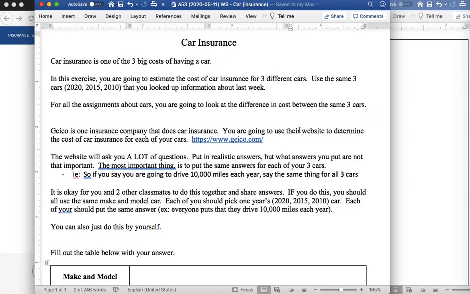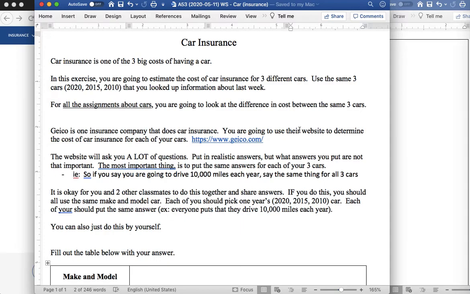So if you buy the lowest cost possible insurance and you get in an accident, your insurance will help pay for the other person's car and maybe the other person's medical bills, but will not cover your own medical bills, and will not cover your own car. If you want the insurance to cover your car and cover you, you have to pay more for that insurance. Also, the most basic insurance does not cover it if your car gets stolen or if a tree falls on it or anything like that. You'd also have to pay extra for that.